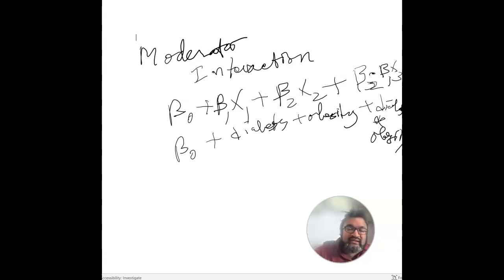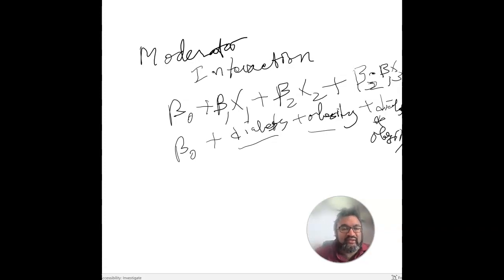So you're looking at diabetes individually, obesity individually, and then the interaction term, or moderation, that is taking place between diabetes and obesity. So there's an interaction between beta 1 and beta 2. And that's what this is demonstrating.